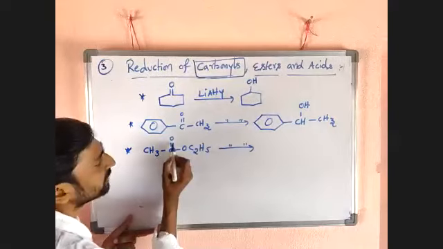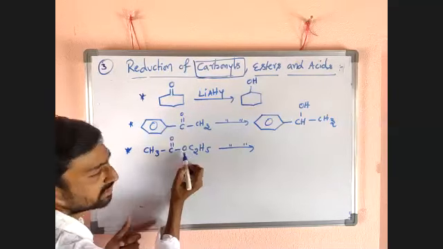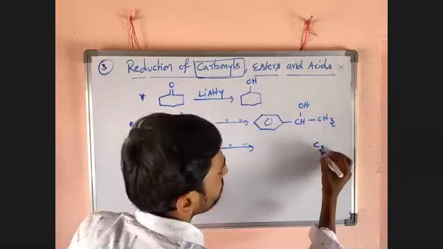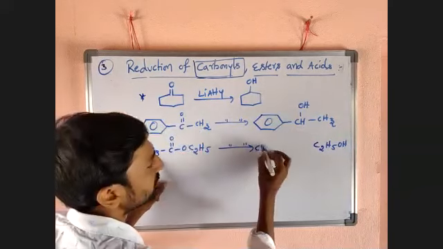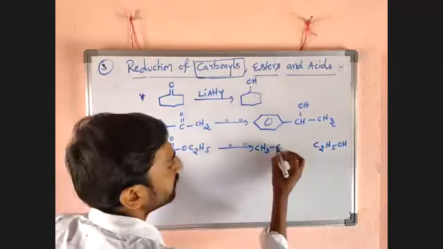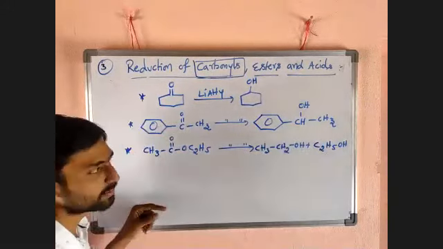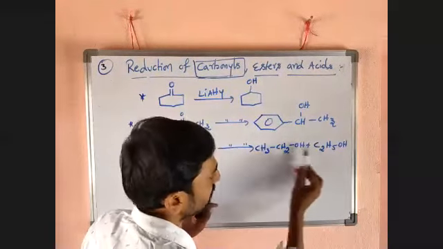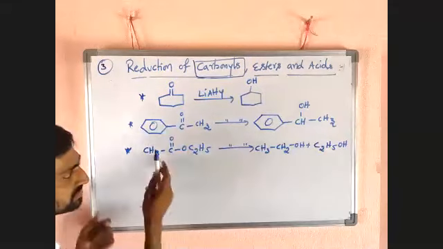So just cleave there, add H here, and cleave there, add H here, H here. After getting H, it will convert into C2H5OH. Now here, after getting two hydrogens, it will convert into CH3CH2OH. Both are C2H5OH. You can mention 2 moles there. Okay, so esters can give compounds like that.